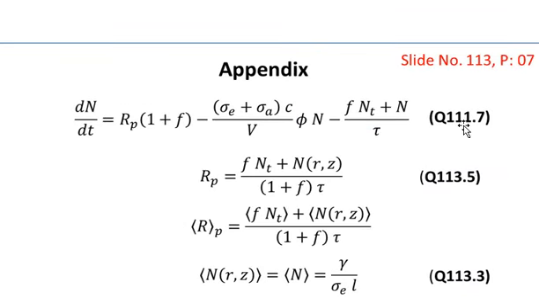This is equation number 111.7. So you see that in this equation, if we set the value of dn/dt equal to 0 and also φ equal to 0, we can obtain the value of Rp, that is the pump rate, to be equal to this. And we have used this relationship as equation number 5 in today's presentation.